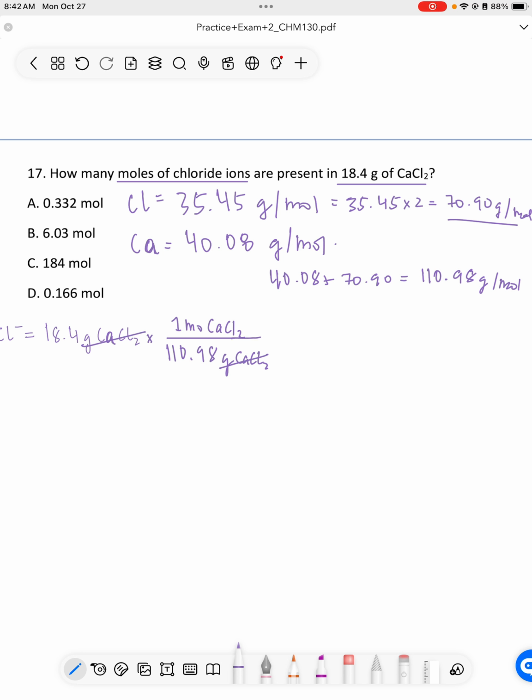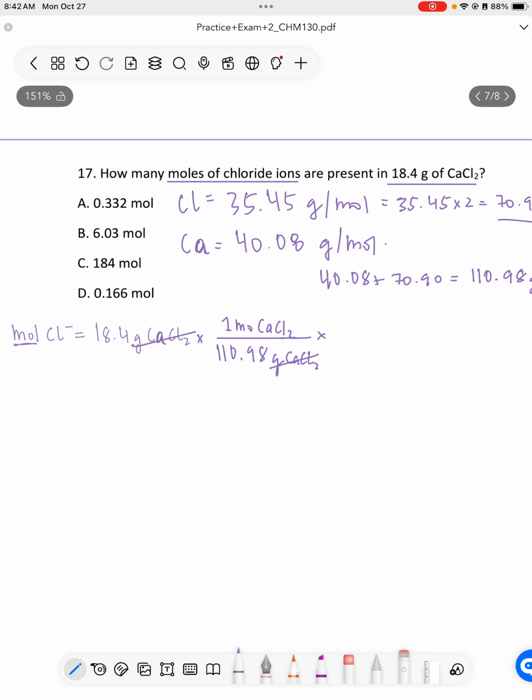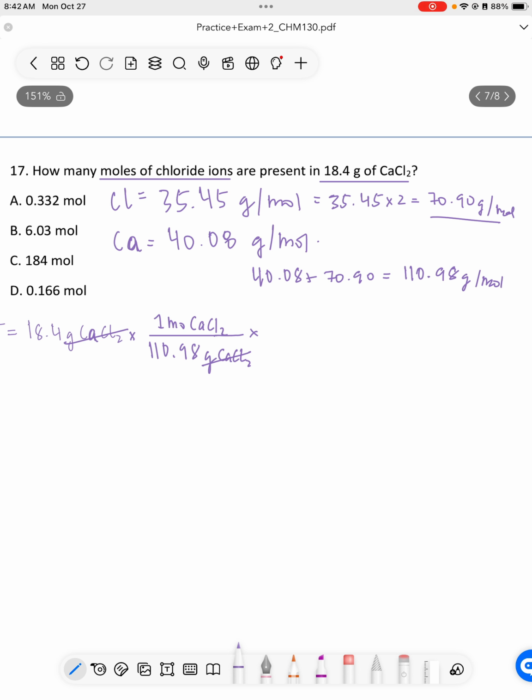Okay. So we have 1 mole of calcium chloride on top, and we're looking for moles of chloride ions. So we're not ready to stop yet. How can we get rid of moles of calcium chloride and get chloride ions on top? Well, how many moles of chloride ions are in 1 mole of calcium chloride?